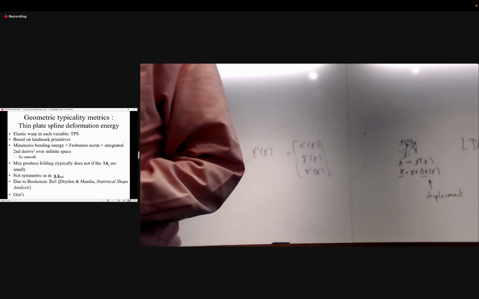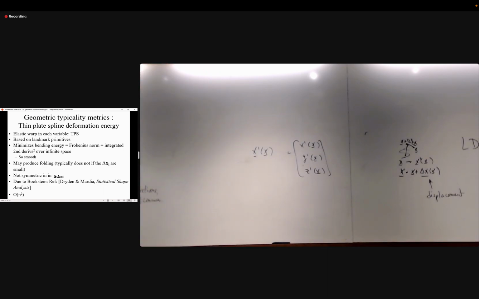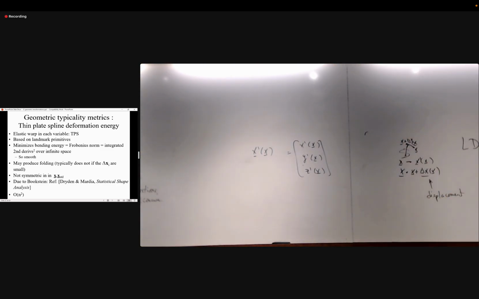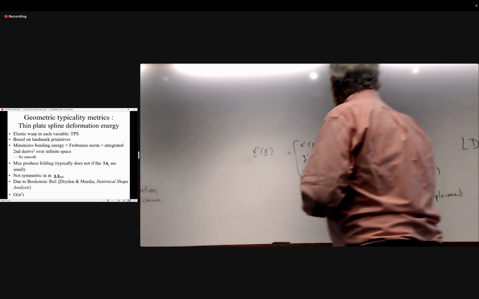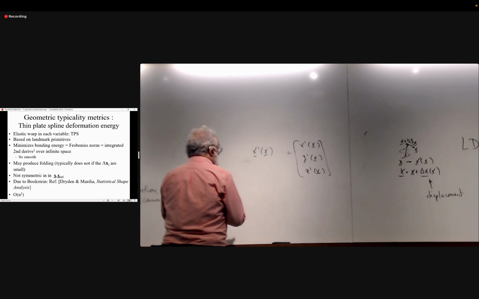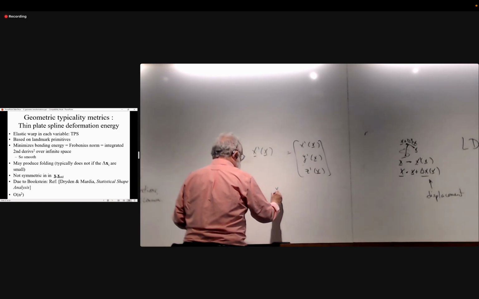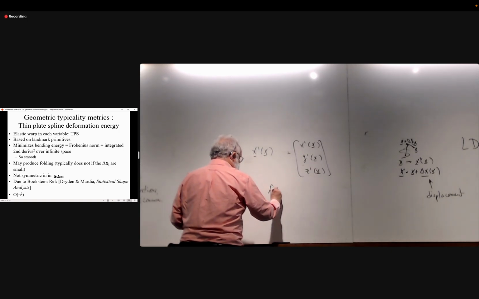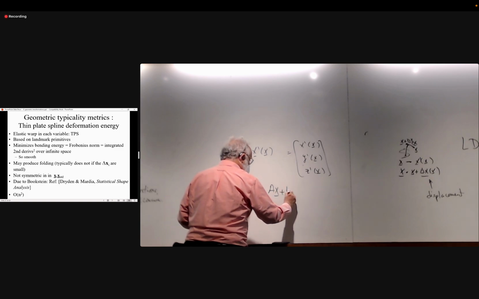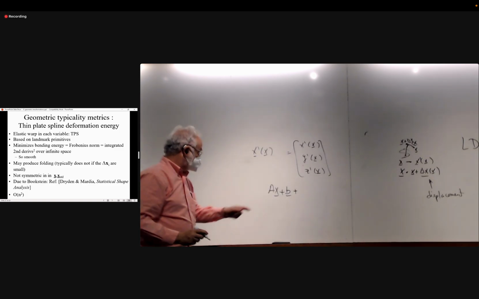The idea now is that affine transformations are going to have no energy. It isn't going to have any cost to move things around by matrix multiplication and the addition of a constant. So our overall transformation is going to be Ax plus b plus some other function.